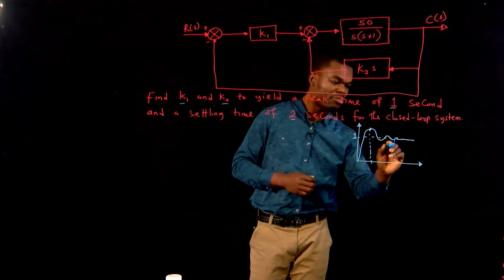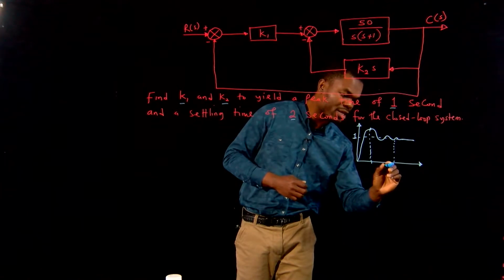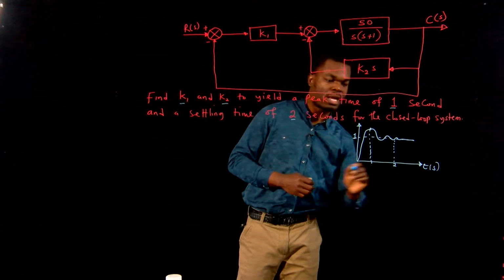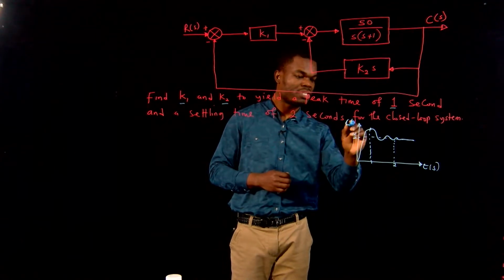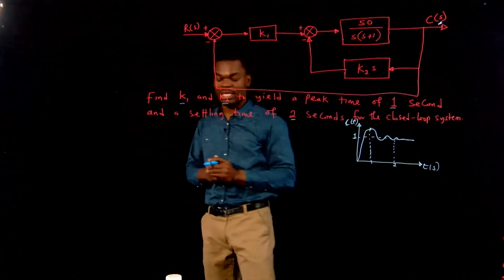And the settling time, if we're assuming our 5% tolerance criteria, should be 2 seconds, where this is t in time, and this is your c of t, which is the output of our system. Of course, we have it here in the Laplace domain.